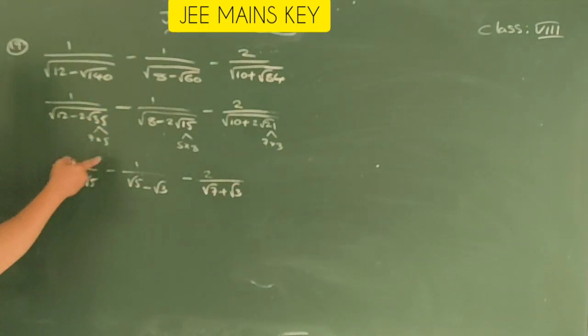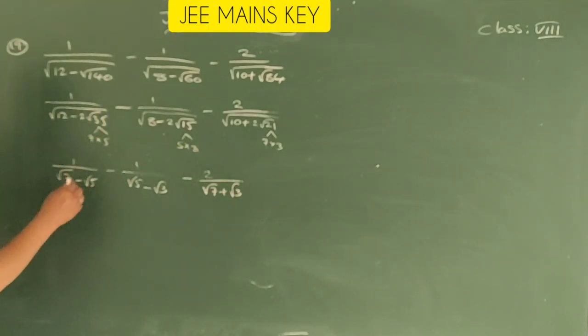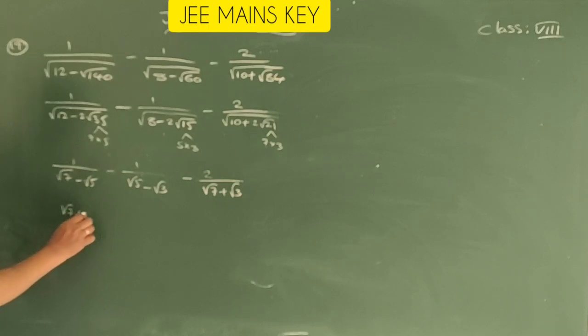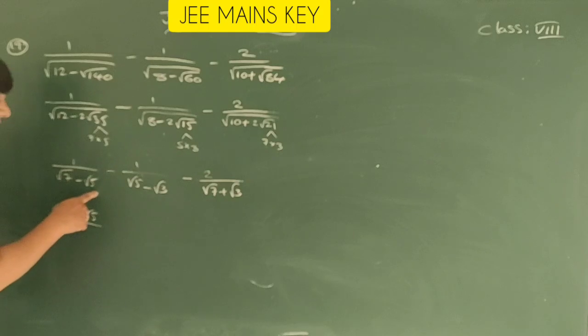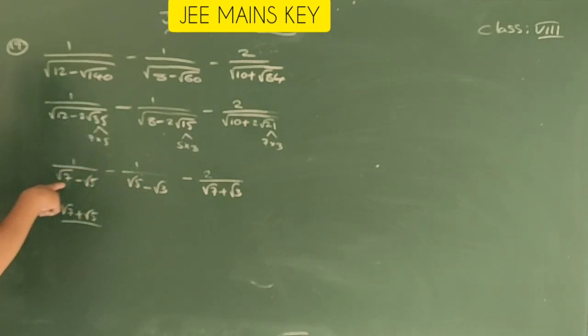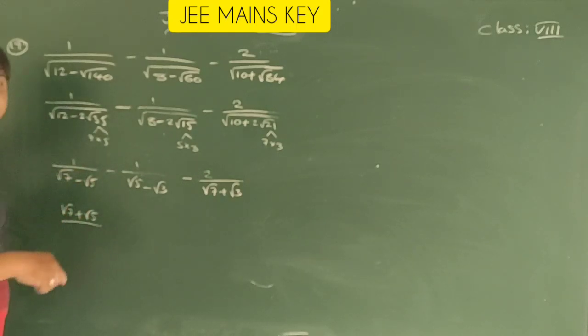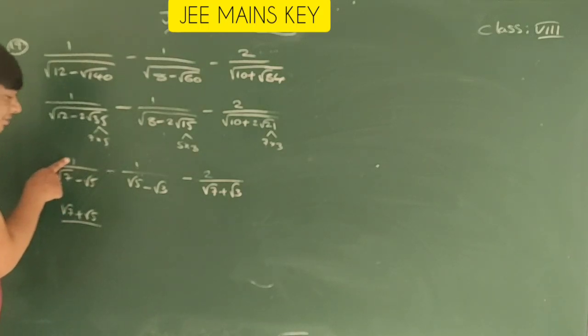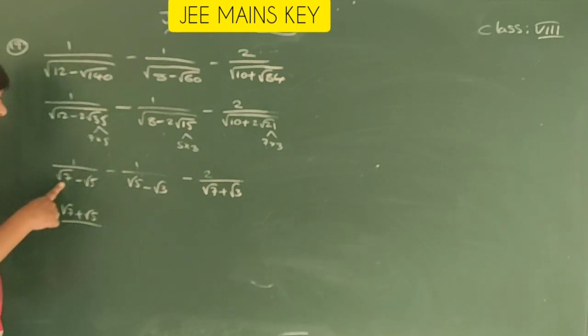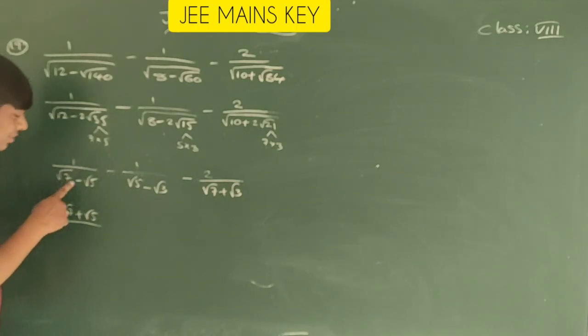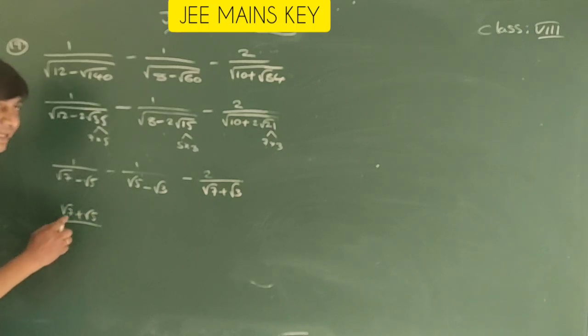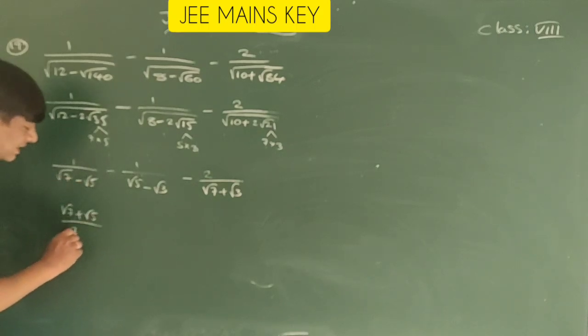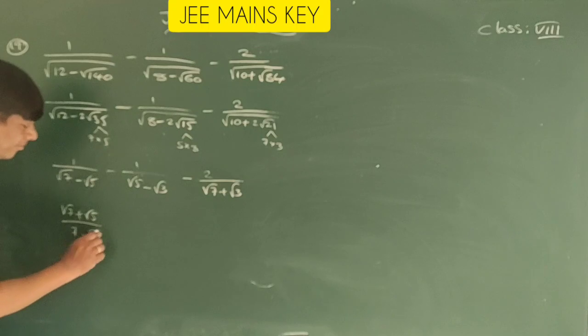Again, rationalize each and every term. This becomes root 7 plus root 5 by root 7 minus root 5, using the conjugate. Rationalizing factor of root 7 minus root 5 is root 7 plus root 5. Multiply with it: this is a plus b into a minus b, a square minus b square, root 7 whole square minus root 5 whole square, which becomes 7 minus 5.